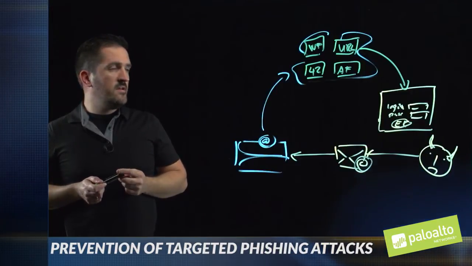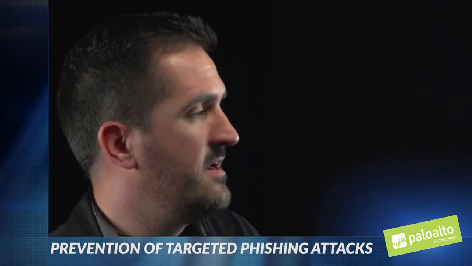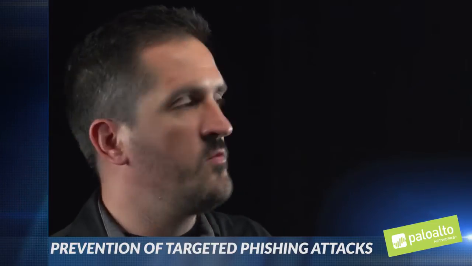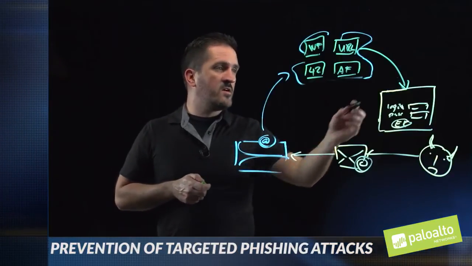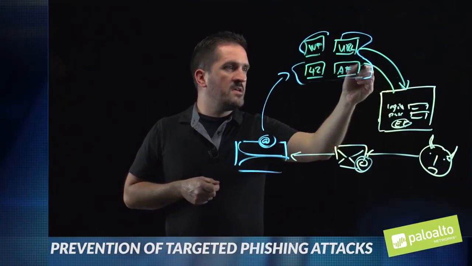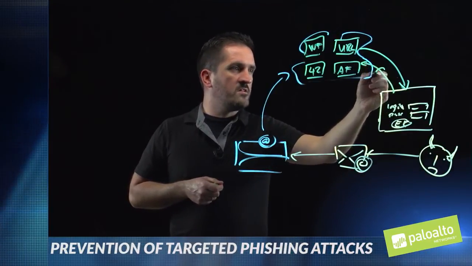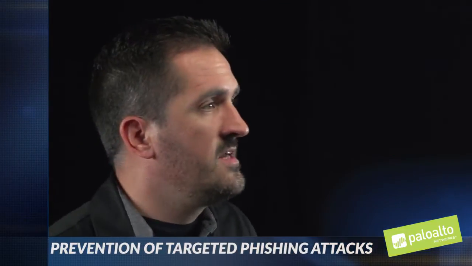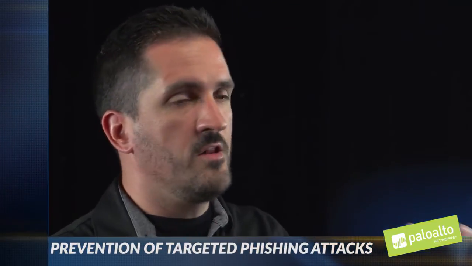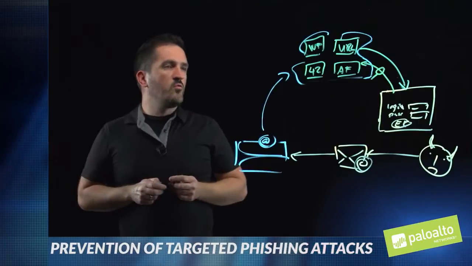When we crawl this page, we use machine learning and a lot of sophisticated technologies and techniques in our cloud to get an analysis and a verdict of this page back into our threat intelligence cloud, and share that with all the components running up there.